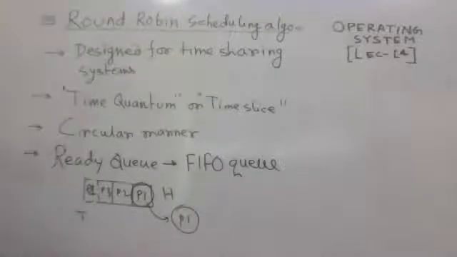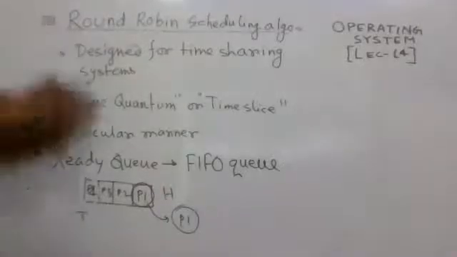So this is the time quantum concept. These are the important points on round robin algorithm: designed for time sharing system, we have a time quantum or time slice, the execution is done in circular manner, the ready queue acts as a FIFO queue, and the short-term scheduler picks the first process from the ready queue, sets a timer to interrupt in one time quantum and puts it into the CPU. Very simple concept.